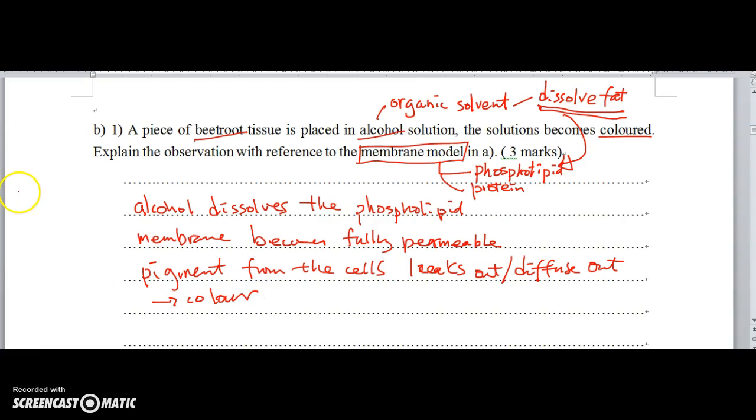Actually, you should know that inside the beetroot cell, there is a vacuole which actually has the pigment.